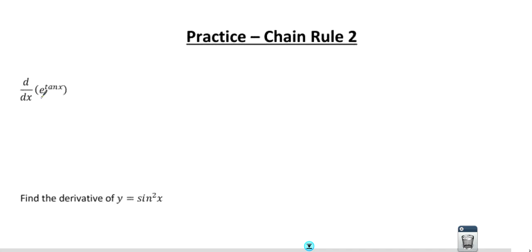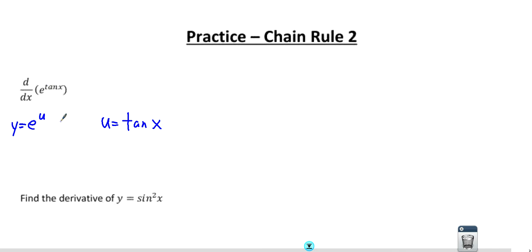So here we have the exponential with tangent plugged in. I see a function, the tangent function, inside of the exponential. So chain rule says that I use my inside function as my u, so u is tangent x, and then we rewrite our function in terms of u, so this would be e to the u, because u is tangent x.